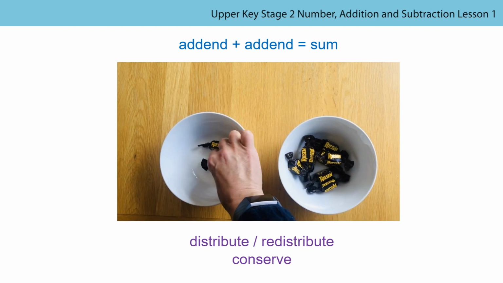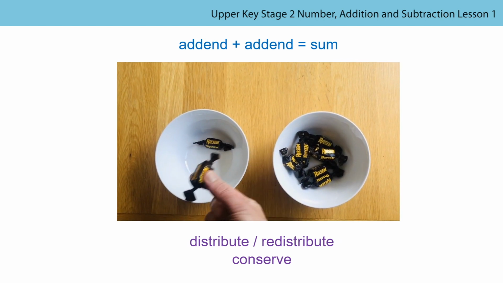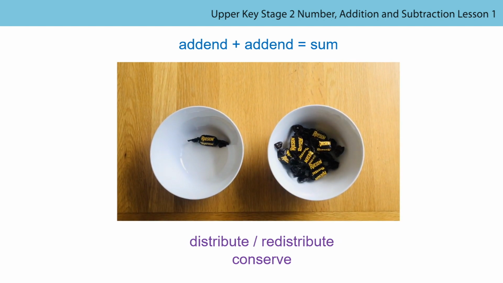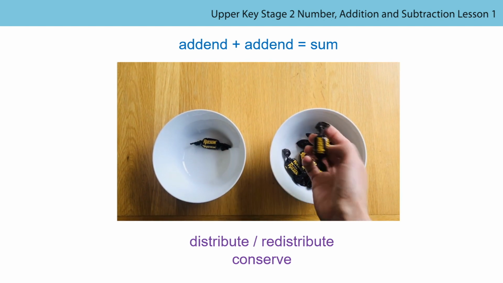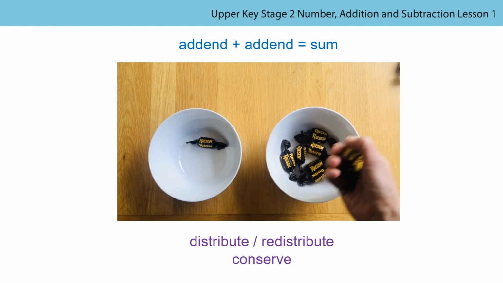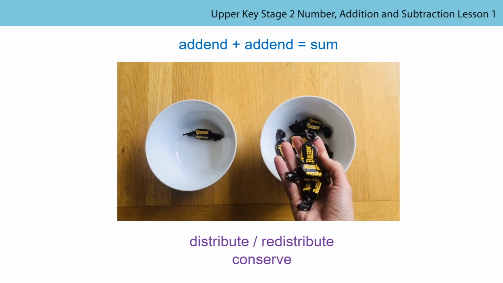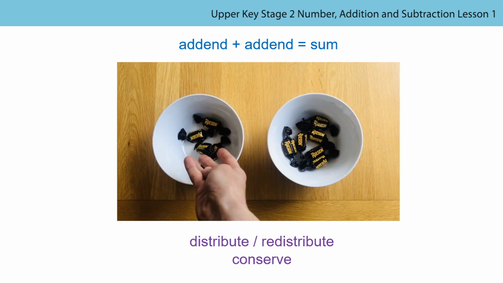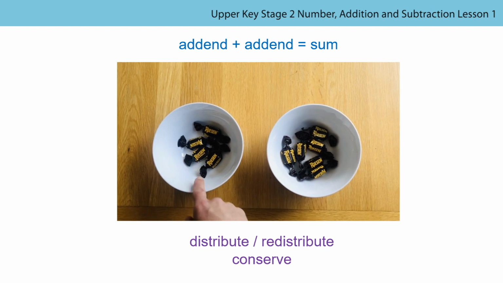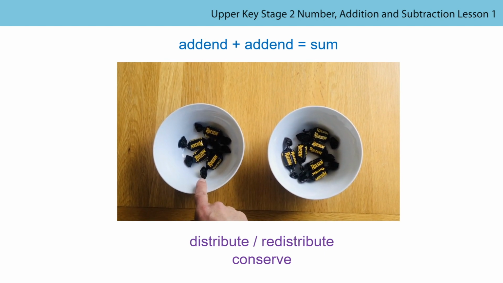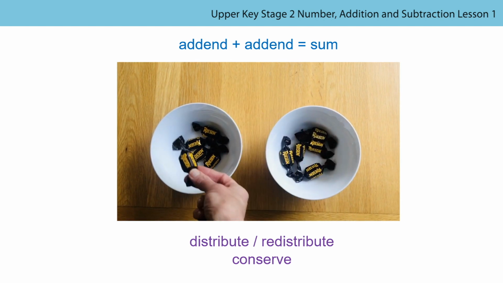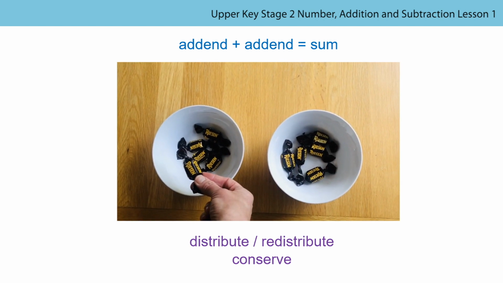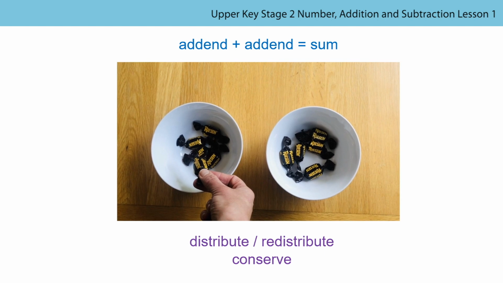I could take one out of this bowl and put it in there. So now I've got 1 and 9. If I could take 3 out of here and I can put them back in there. So I've decreased that by 3 and increased that by 3. I could decrease again by 1 and I could increase this bowl or this addend by 1 as well.